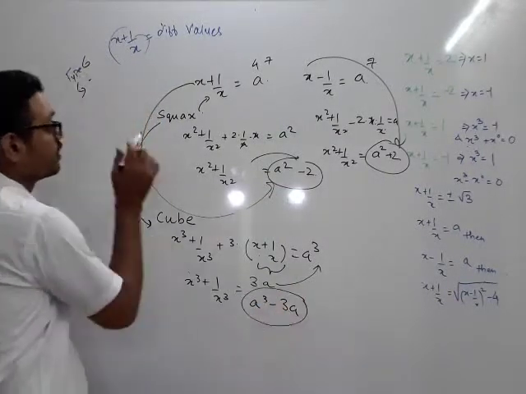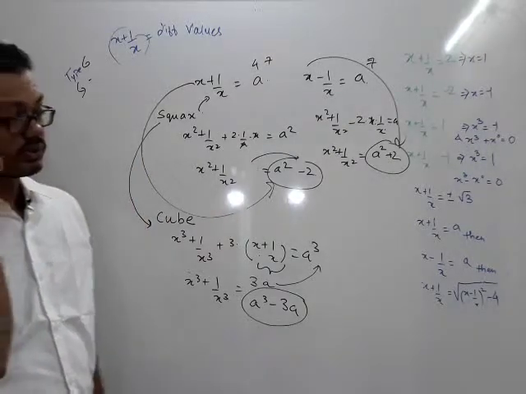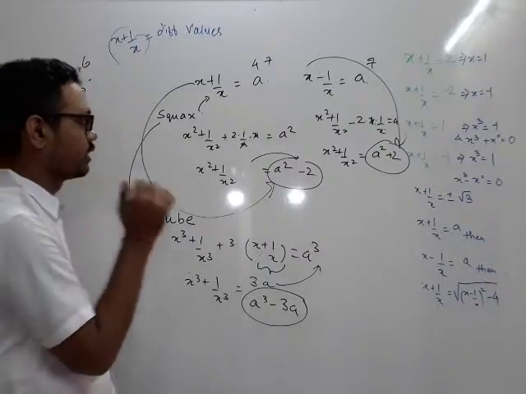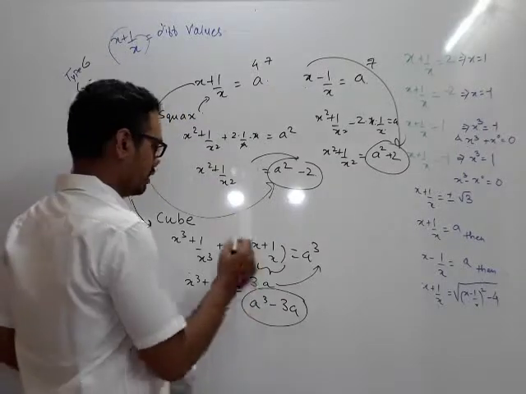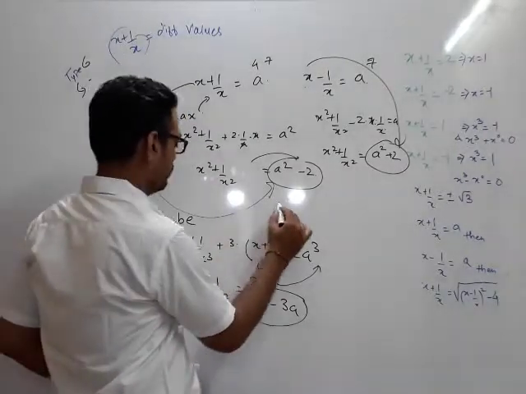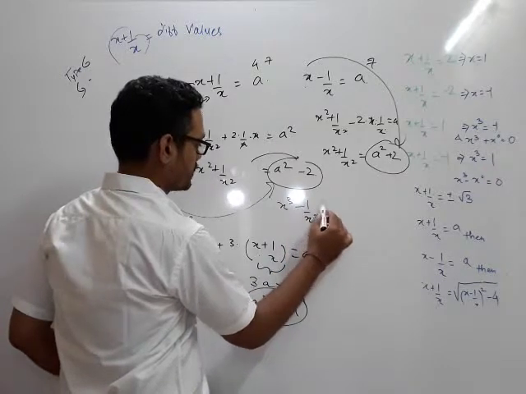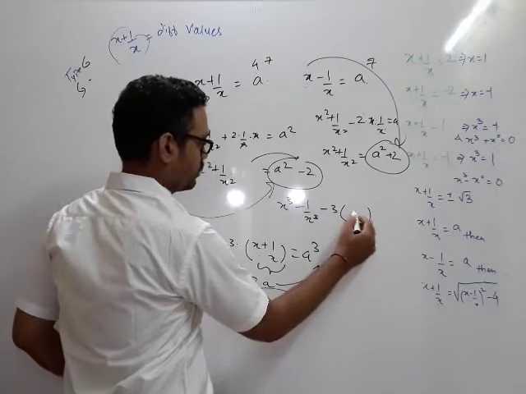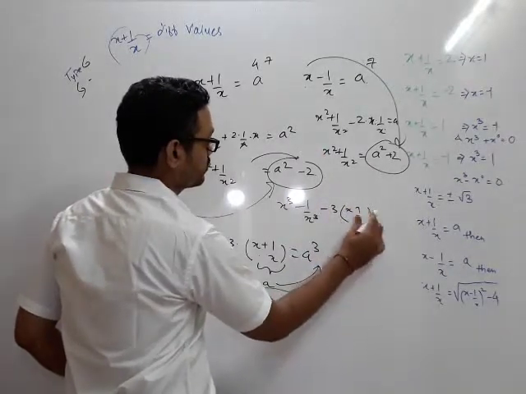Another inference, when x plus 1 by x is given as a, then x cube plus 1 by x cube is a cube minus 3a. Similarly, when x minus 1 by x is given as a, the same thing over here, it will be a cube minus b cube minus 3ab into a minus b, which is given as x minus 1 by x, which is a.